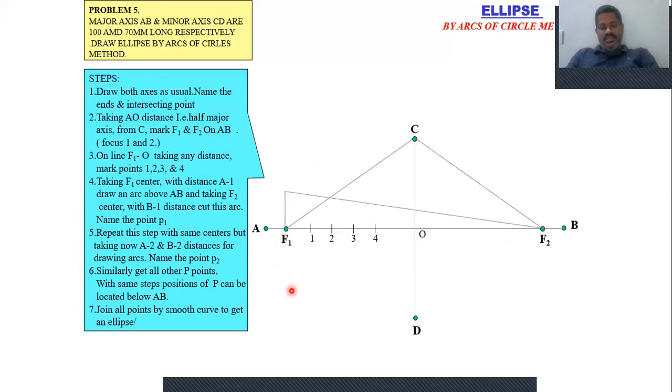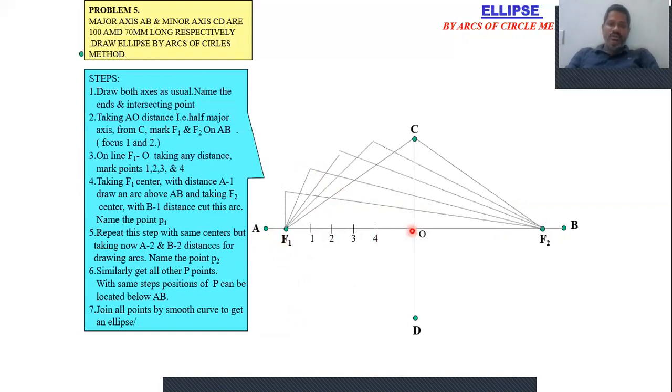To get the next two points, take A2 as radius and F1 as center, draw one arc above the AB line and one arc below the AB line. Then with B2 as radius and F2 as center, intersect the previous arcs. Then similarly repeat this step to get the points like this.